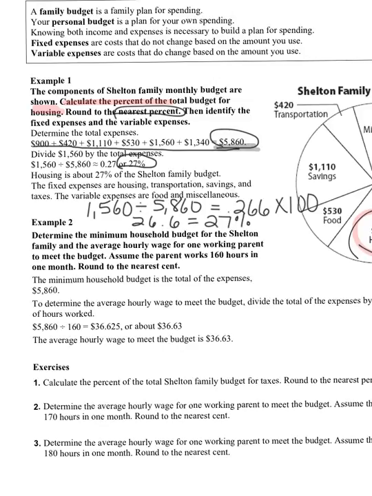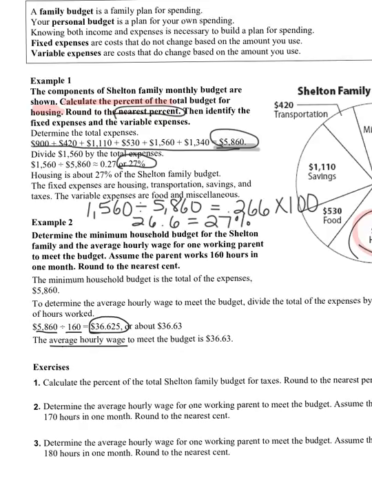That's 5,860. And if we take that number and divide it by the hours the parent works, $36.63 would be the average hourly wage after we divide.